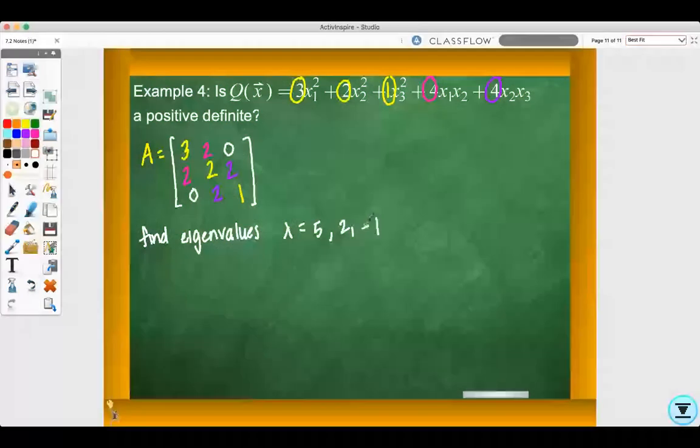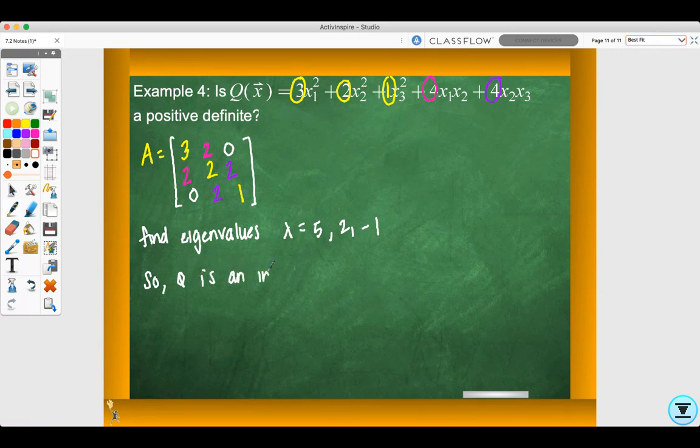So Q is an indefinite quadratic form, not positive definite. And that's because we have both positive and negative values.